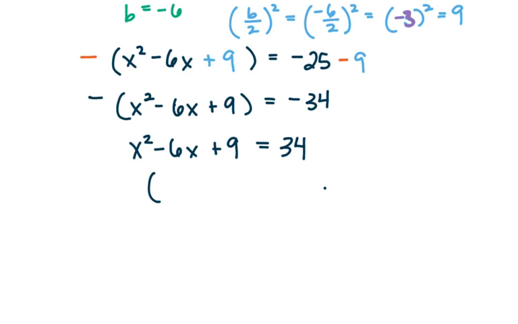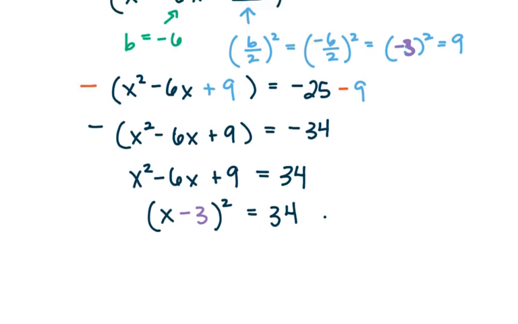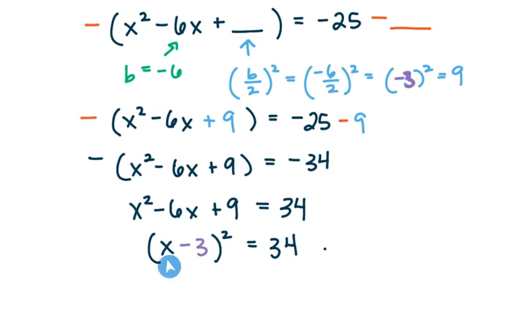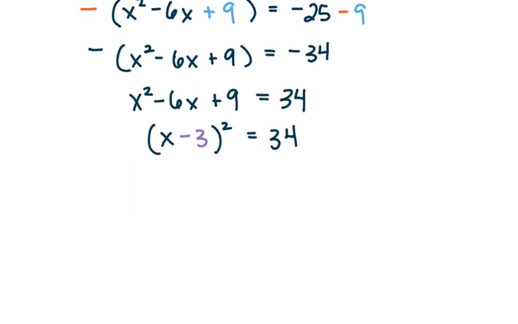So the left side becomes x minus 3 quantity squared equals 34. Now we have put this into our completed square form. This is the goal, being able to take something that looked like what we started with at the top and end with it in this nice, concise form.